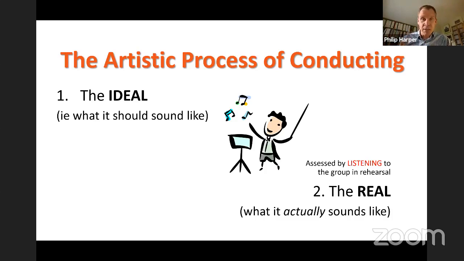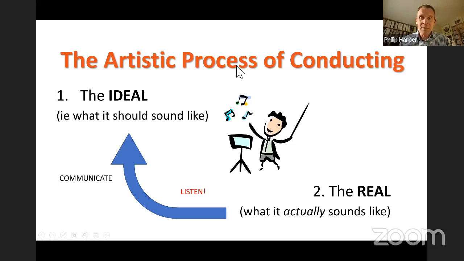So over the course of this rehearsal or period of rehearsals, you listen to the group in rehearsal, and then this process happens. You listen, you communicate what you want to say at various points, and little by little over that time, what's coming to your ears in reality should slowly start to sound like your ideal vision, to a greater or lesser extent. Obviously, I am talking in idealistic terms. That's why I'm using the phrase ideal.